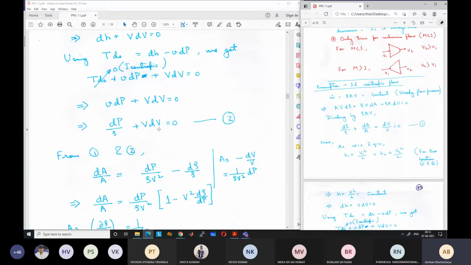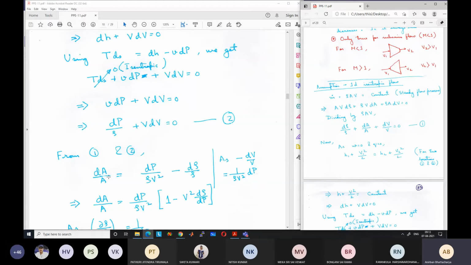From this equation, we can write dV by V. If you divide by V square, you get dV by V, and here you will have dP by rho V square. So dV by V is equal to minus dP by rho V square. This we are going to replace in the first equation.